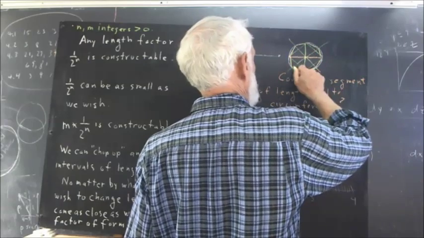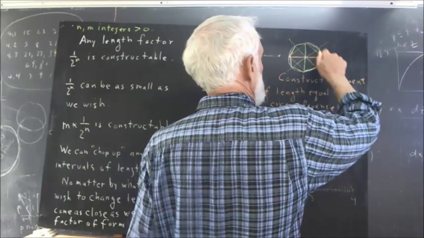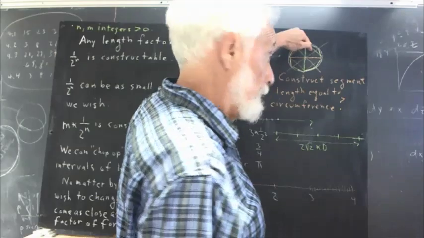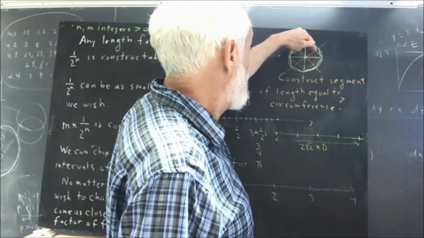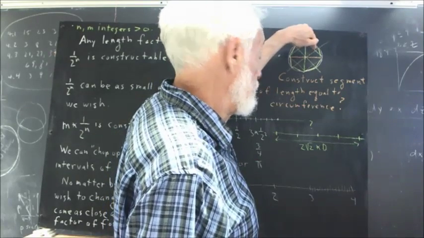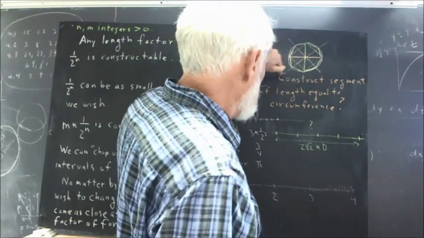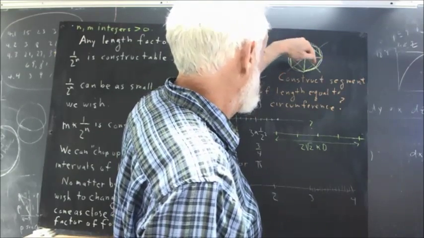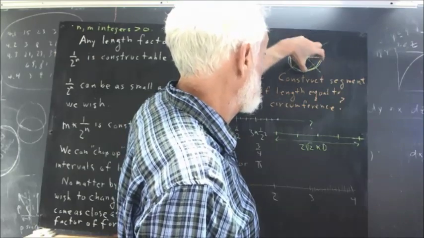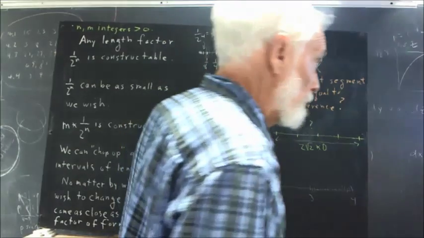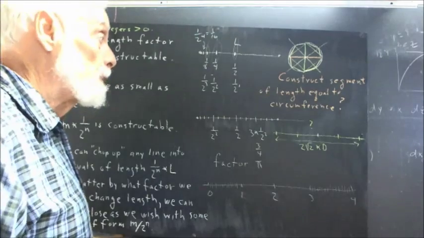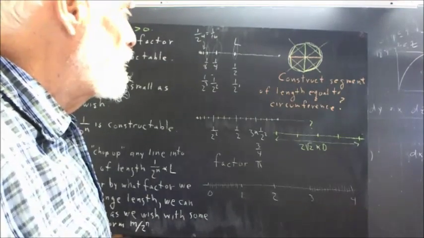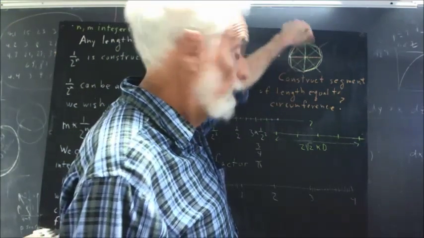As a matter of fact, I could bisect this green line segment here and then just draw a line from the center through that bisector and extend back here. It would work back this way too. And I'd do the same with either this segment or this segment, the green segment, and I would have my bisector. Okay, and now I've got 8 of these segments.